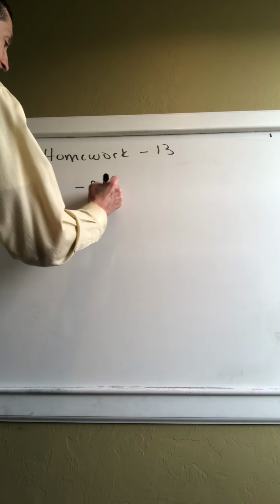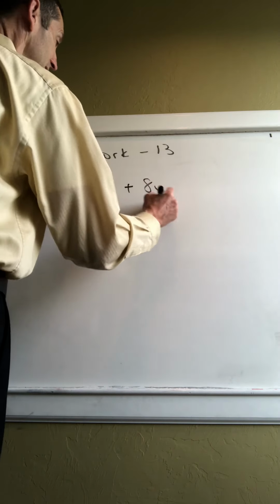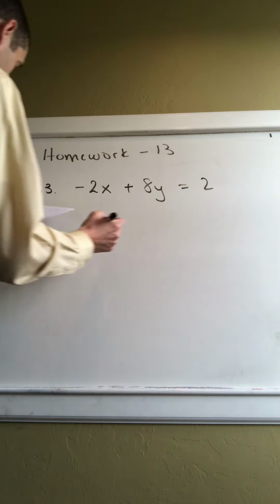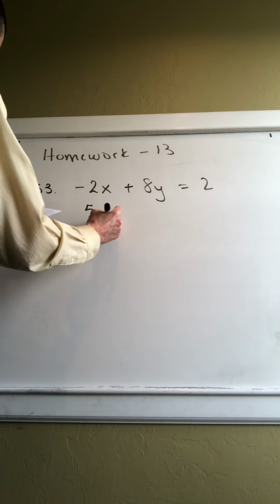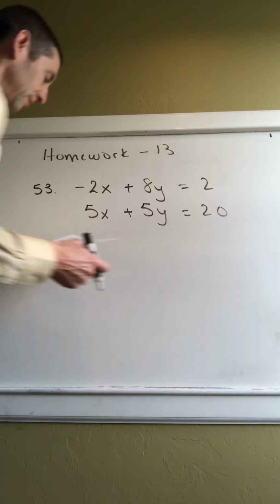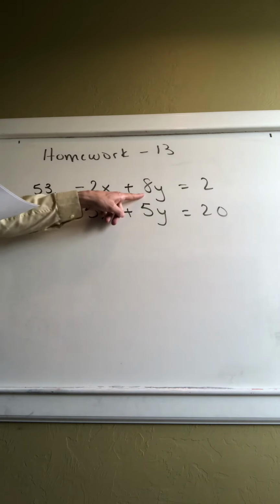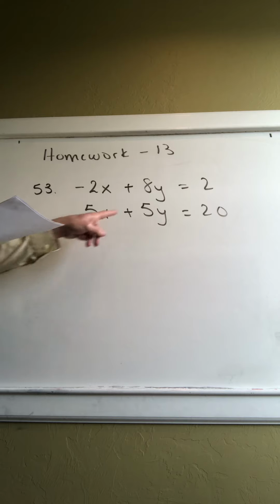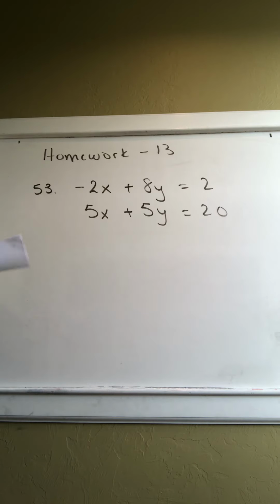53. So negative 2x plus 8y equals 2. 5x plus 5y equals 20. Let's make sure that's correct. Negative 2x, 8y, 2. 5x, 5y, 20. That's correct.